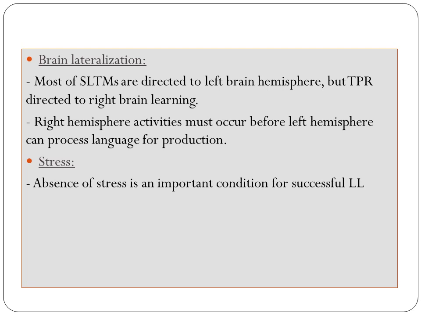It means that most of the methods that we have already seen are directed to the left brain hemisphere, where the teacher tries to make the students produce or use the language as much as possible. But in this method, the TPR, it is directed to the right brain hemisphere. So the right hemisphere activities must occur before the left hemisphere can process language for production.